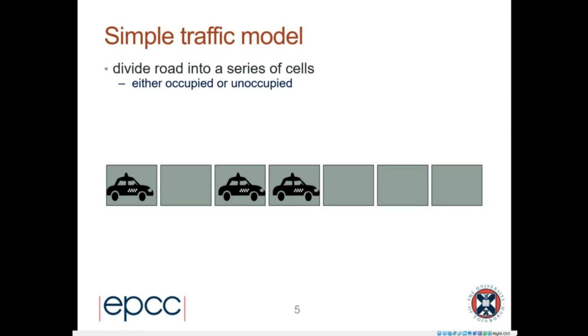If the value is 1, they have a car. If the value is 0, there's no car. We have a series of iterations, and in each iteration cars simply move. The only rule, the update rule for this incredibly simple cellular automaton, is that if a car can move, it does. If the cell ahead is empty, you move. If the cell ahead is full, you don't move.